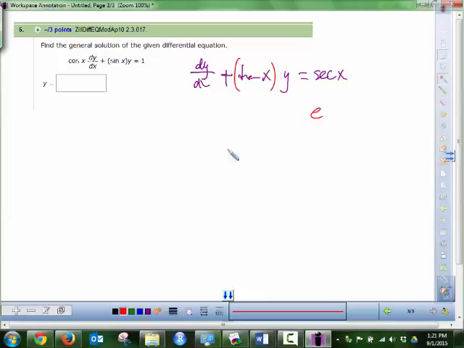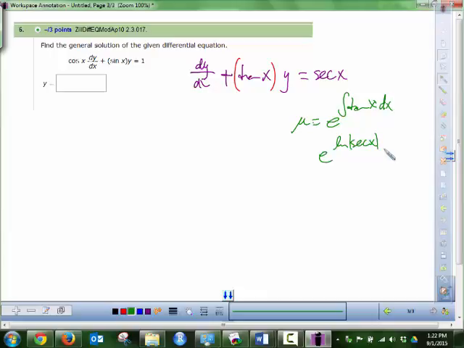So our integrating factor, mu, is going to be e raised to the integral of tangent x dx. So what's the antiderivative of tangent x dx? Say again? Natural log of the absolute value.